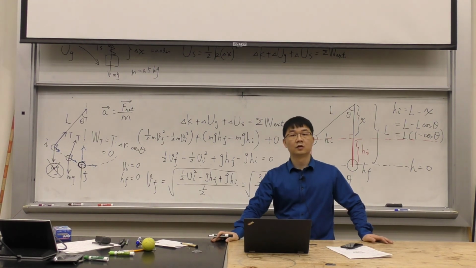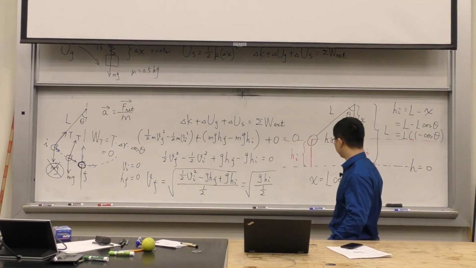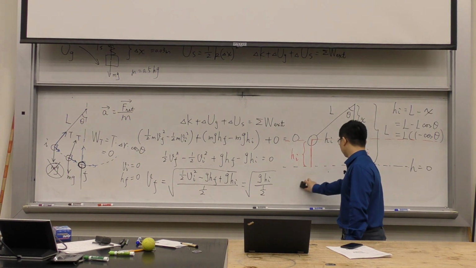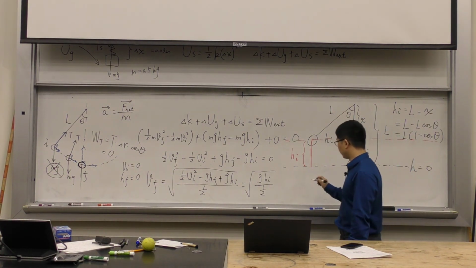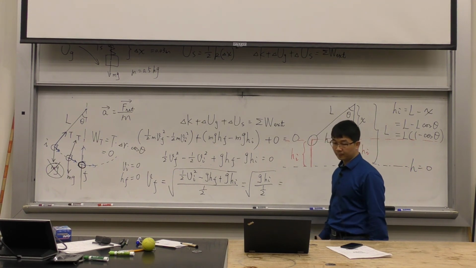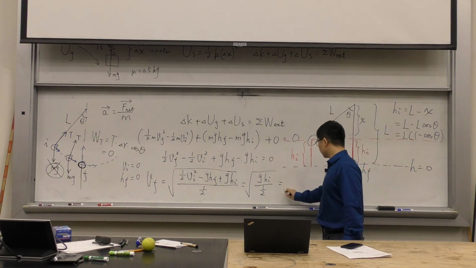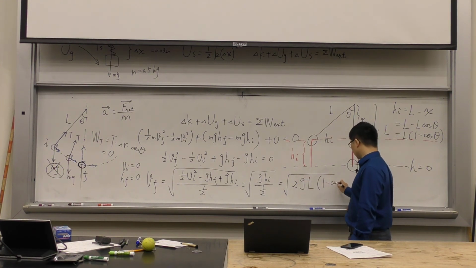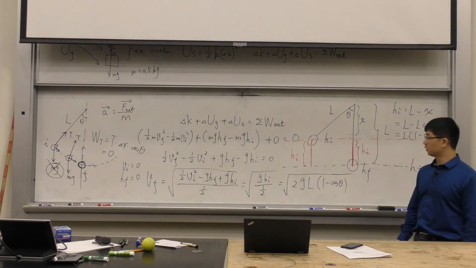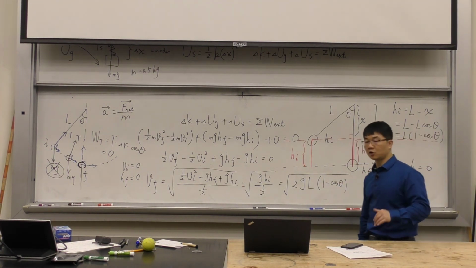All right, so finish this algebra. What is the final expression of this velocity? That's going to be our prediction. If you plug this in, you get the square root of 2gL(1 minus cosine theta). So this is our prediction, and this is a general conclusion.